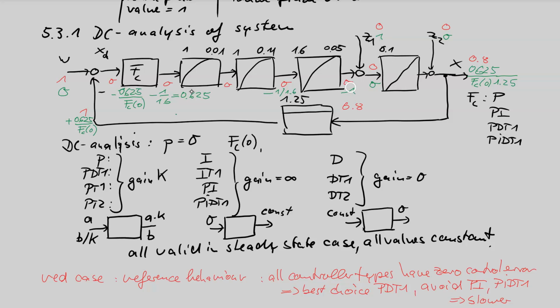So this can only compensate it to 0 if the controller has an integrator. So for the compensation of this disturbance, we need a PI or a PIDT1.